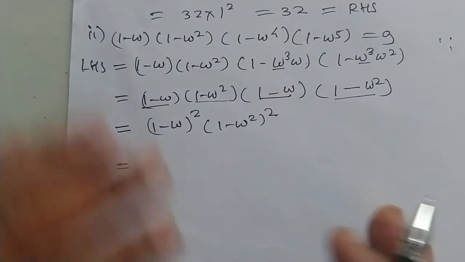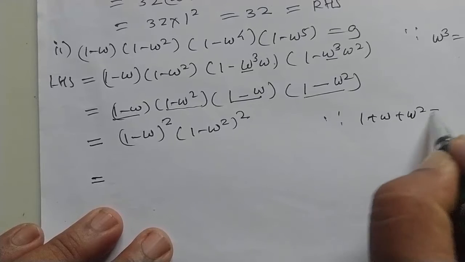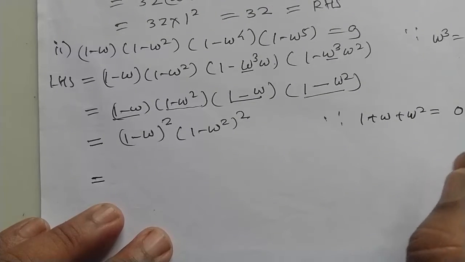Now we know that 1 plus omega plus omega square is equal to 0.